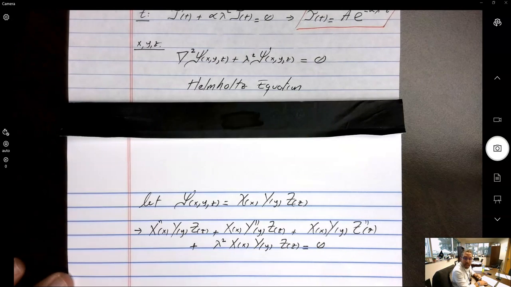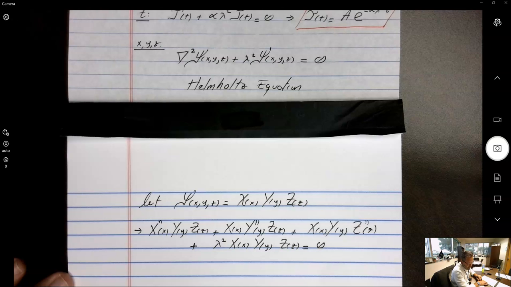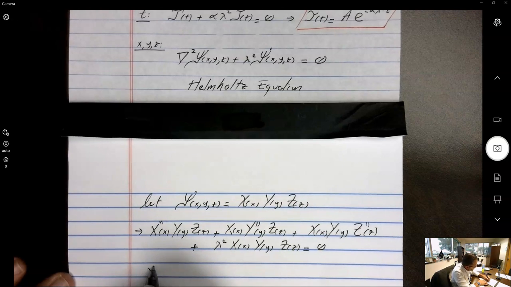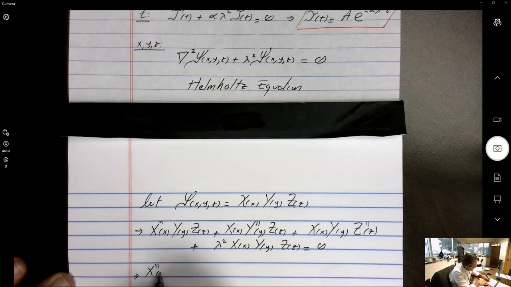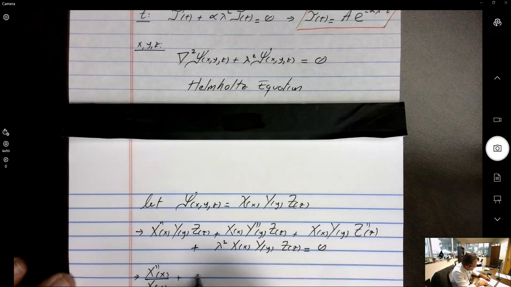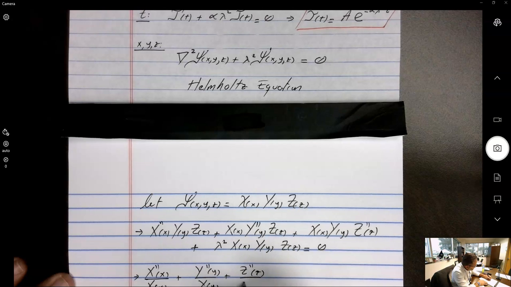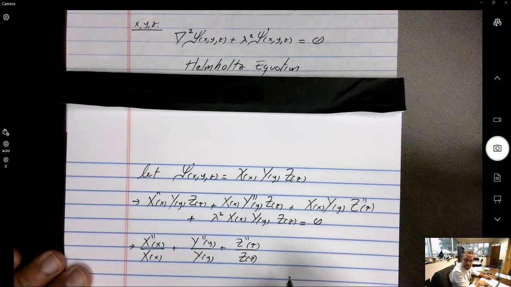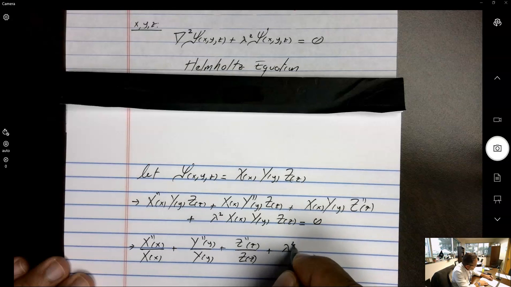So that's that equation. If we divide everything by X, Y, and Z, we get X double prime of x divided by X of x plus Y double prime of y divided by Y of y plus Z double prime of z divided by Z of z plus lambda square should be equal to 0.